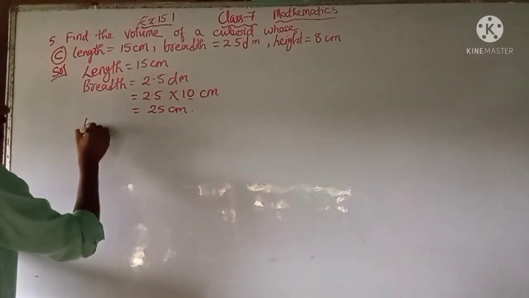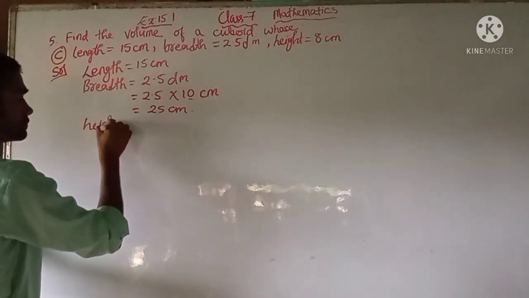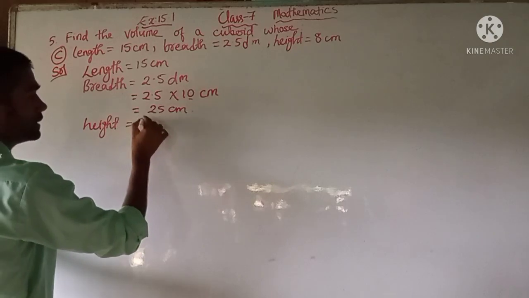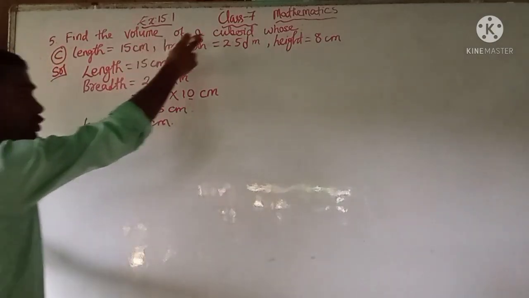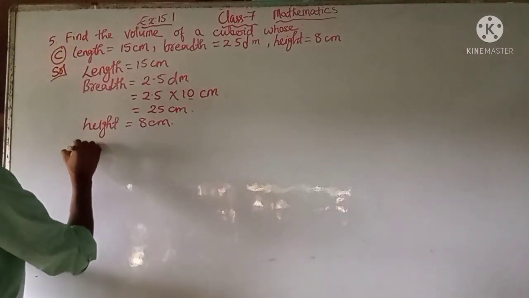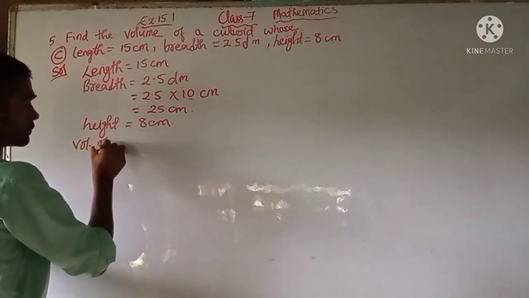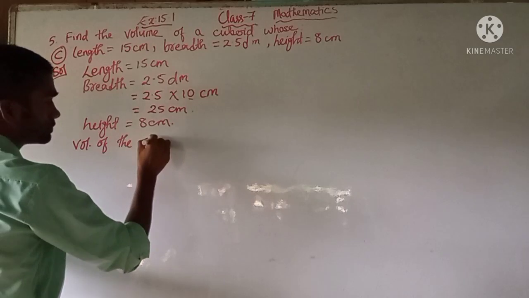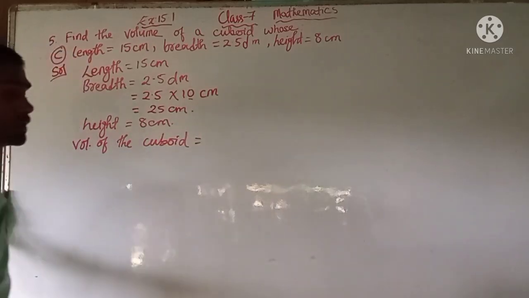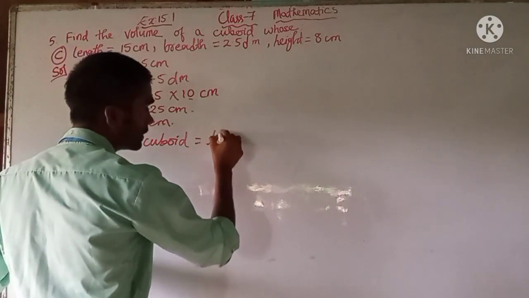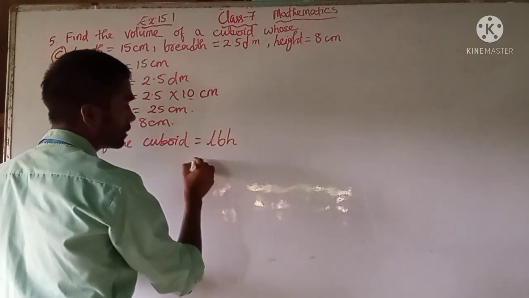Now the height is given, that is 8 centimeter. Now we will find the volume of the cuboid. So volume of the cuboid is equal to, we know the formula, length into breadth into height.